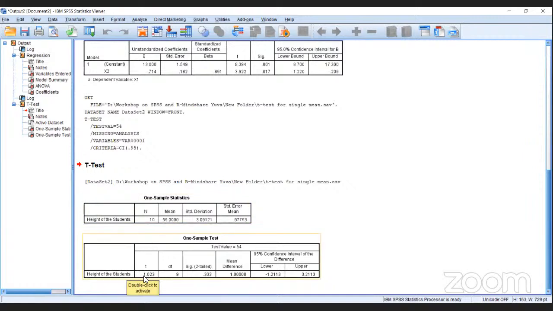What is the calculated value? Here it is 1.023, and n minus 1. I told you, there are 10 observations, 10 minus 1, 9. So they have given significance two-tailed. What is here? 0.033. So what can we conclude with this?